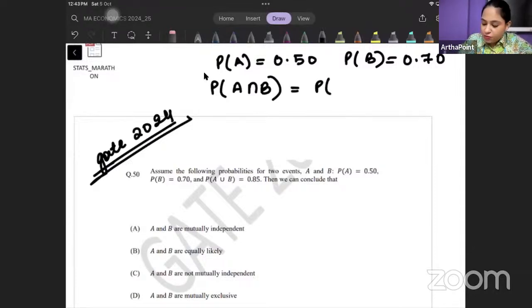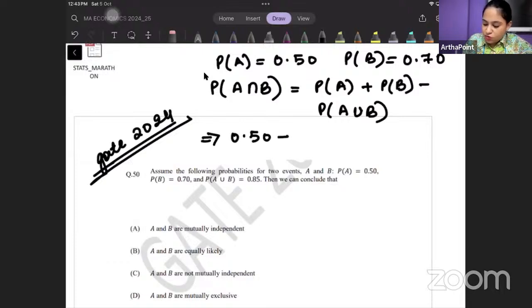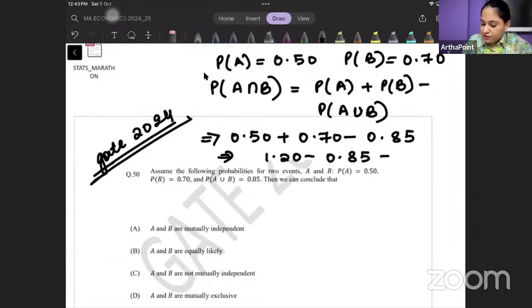Use the basic formula: probability of A plus probability of B minus probability A union B. So probability of A is 0.50 plus 0.70 minus 0.85. This is going to be 1.20 minus 0.85. This is going to be 0.35.